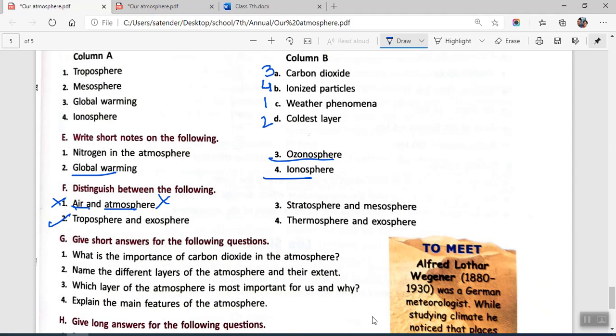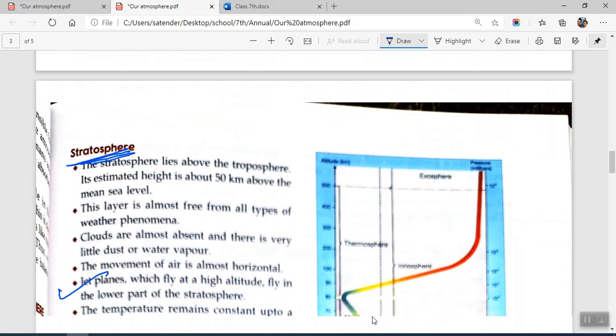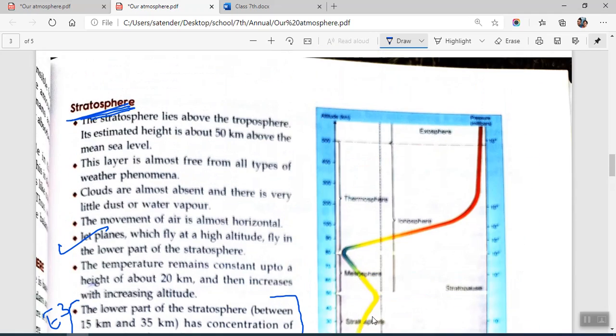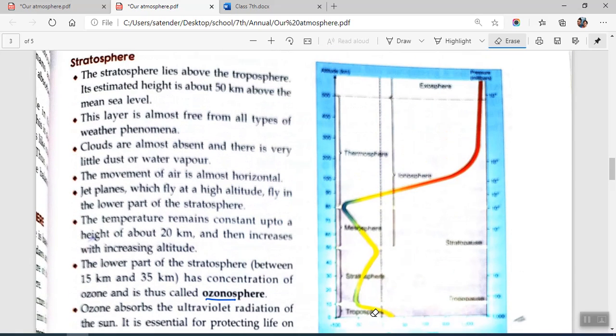Okay, now moving on to the next one. We have done this one. We have stratosphere and mesosphere. So here we have stratosphere and here we have mesosphere. Let me erase the earlier marks here so as to avoid any confusion. Hold on a second. Okay. So as part of this, in stratosphere, you'll be writing this point, and this point.